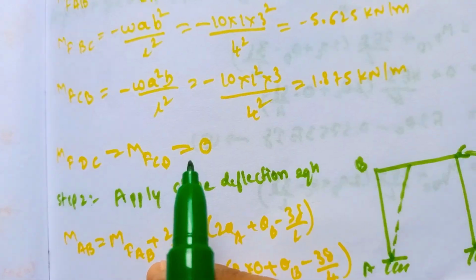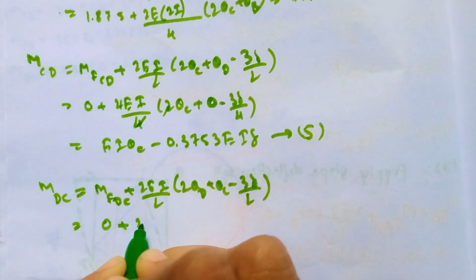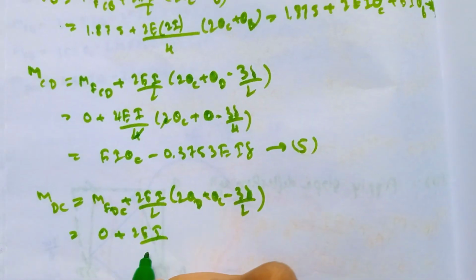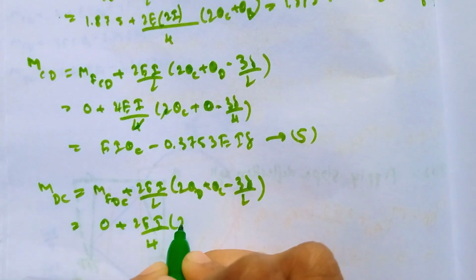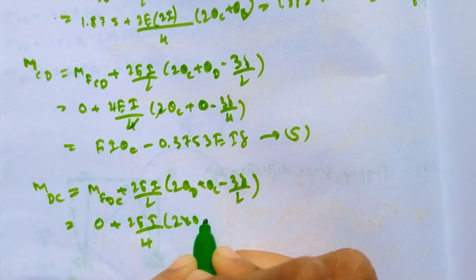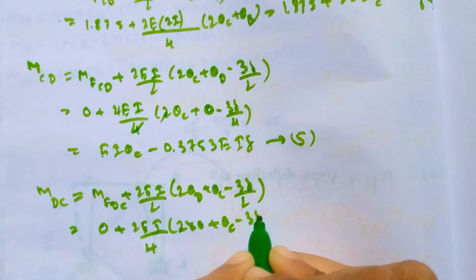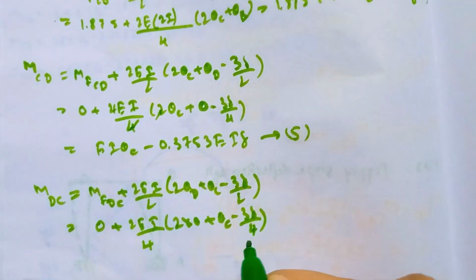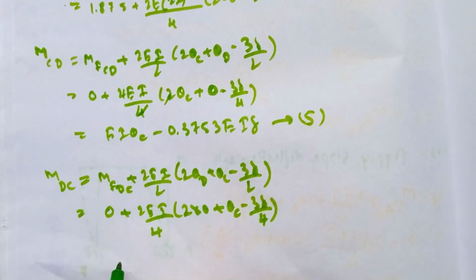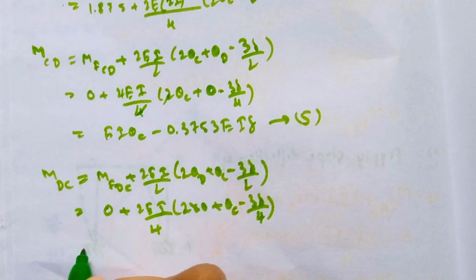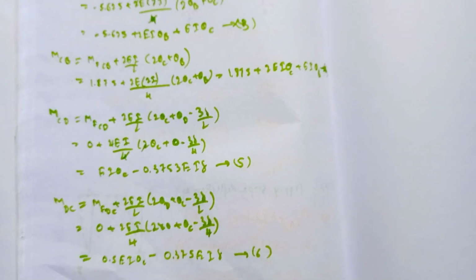Put this value in our formula: 0 plus 2 EI, I divided by length which is 4 meter, 2 theta D, which is a fixed end so slope becomes 0. Theta C keep it as it is, minus 3 delta divided by length 4. Simplify it, it will come out as 0.5 EI theta C minus 0.375 EI delta. Call it equation number 6. So step 2 is completed here.